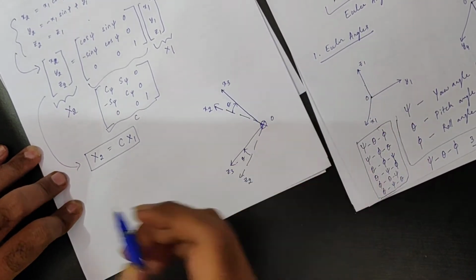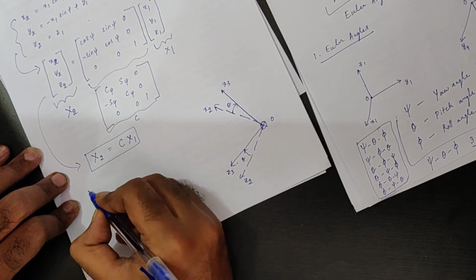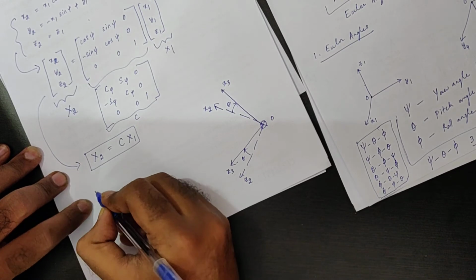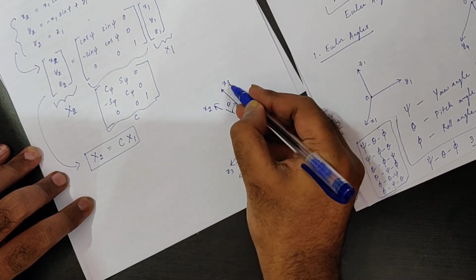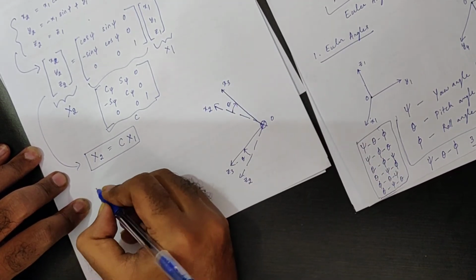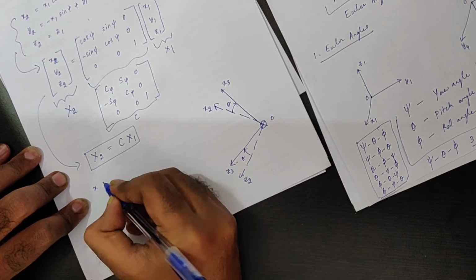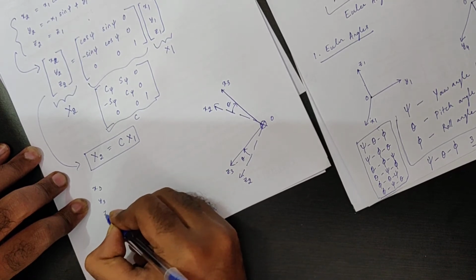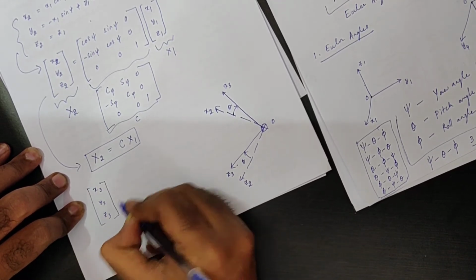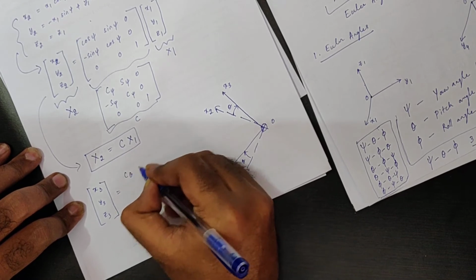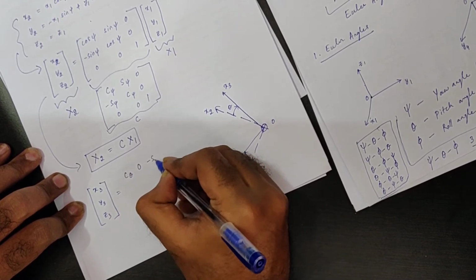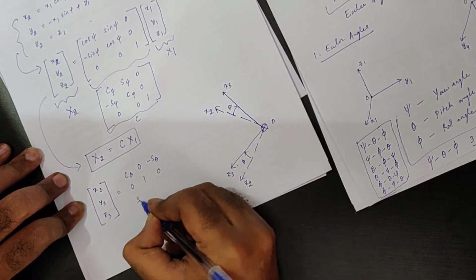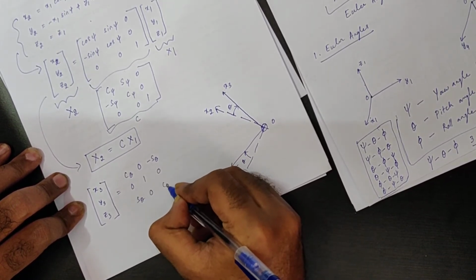Now similar equations can be written, and x3, y3, z3 can be written in this fashion: x3 y3 z3 is equal to c theta 0 minus s theta, 0 1 0, s theta 0 c theta.